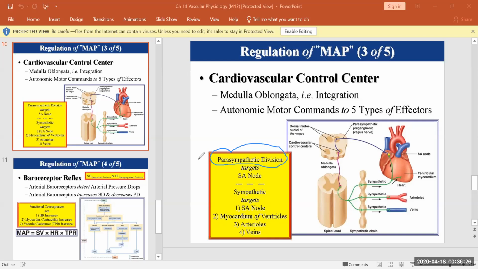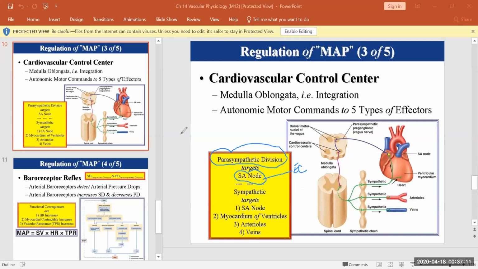And this division sends postganglionic fibers to make neuromuscular junction with the SA node of the heart. This is the conduction system of the heart, meaning the electrical component. So the parasympathetic division can only affect the electrical component of the heart. It can only slow down the heart rate.